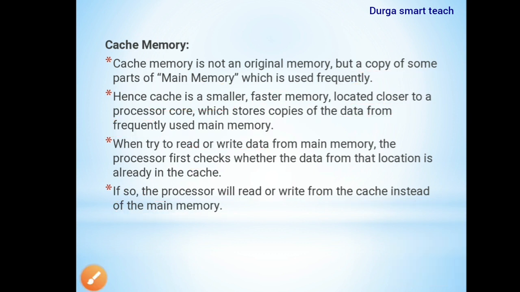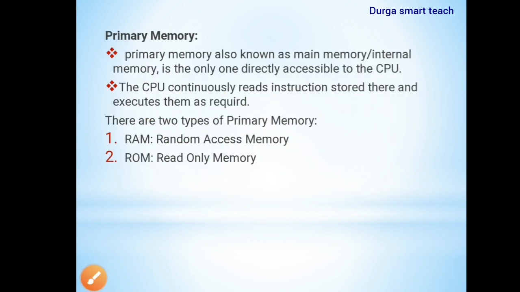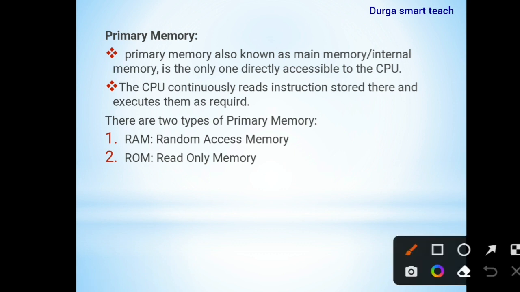The next one is primary memory. Primary memory is also known as main memory or internal memory. This is the memory directly accessible to the CPU.